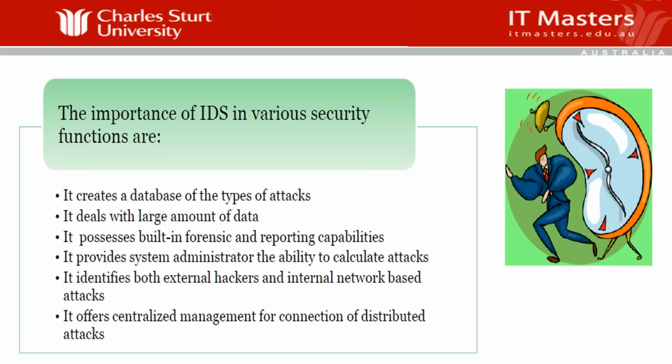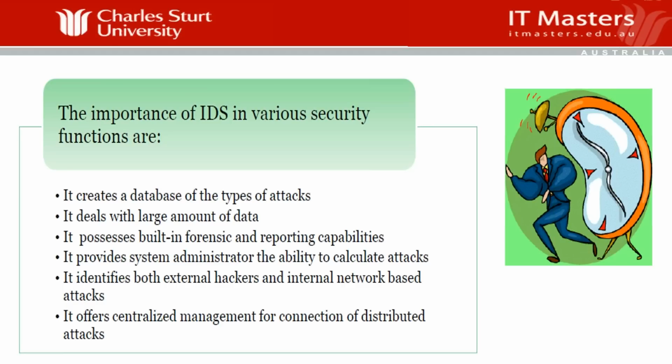It should have built-in forensic and reporting capabilities. Why? Even if you get hacked, which is possible, you should be able to trace it back if necessary. It should provide the system administrator the ability to calculate attacks, so it should also have false positive accountability. It should also be able to identify whether it's an external or internal attack, or maybe both.